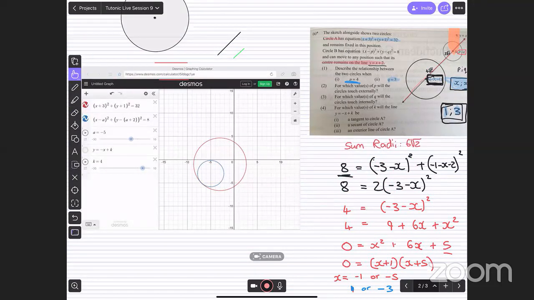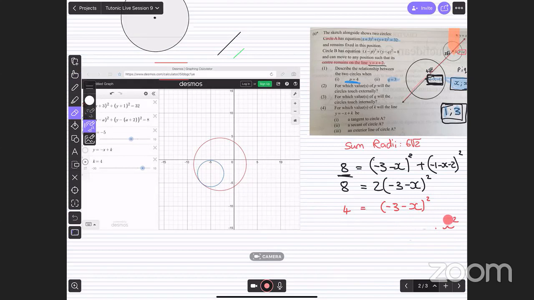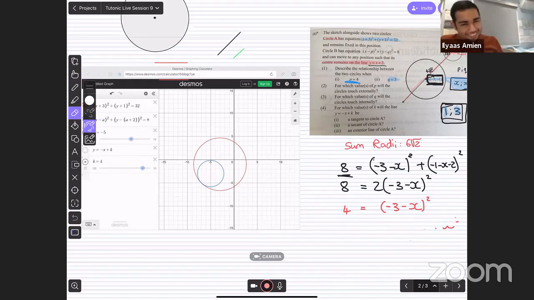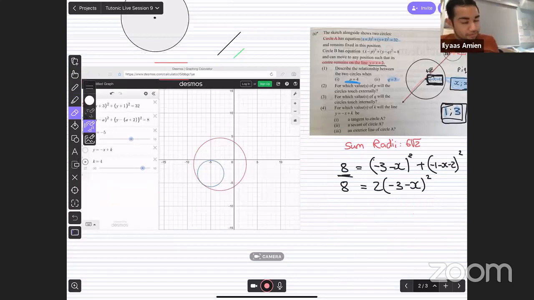If they want to know if the circles touch at one point, then you equate the sum of the radii and the distance. The distance between what? The distance between the two circles. You must be careful there, because it's the distance between the centers, Nafisa. So you must just be careful there.